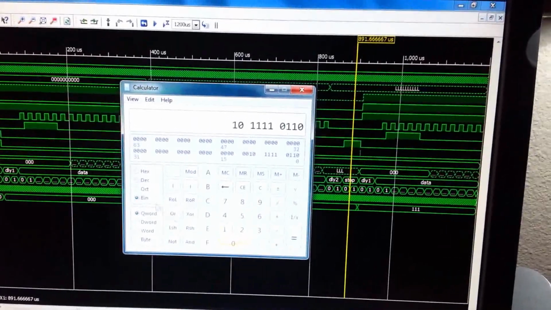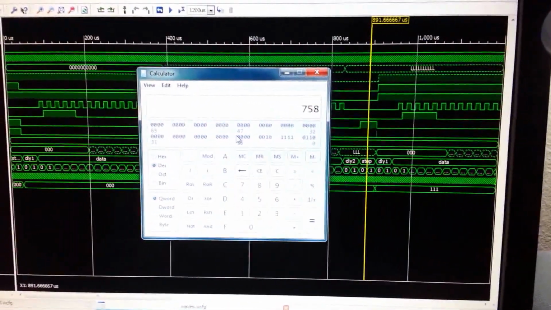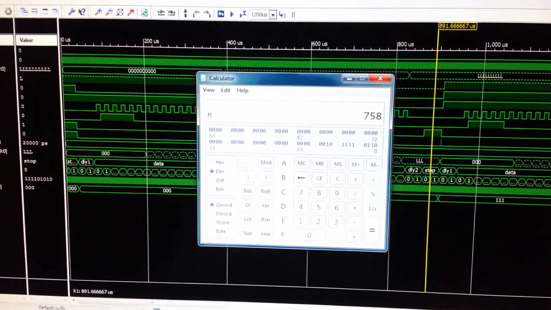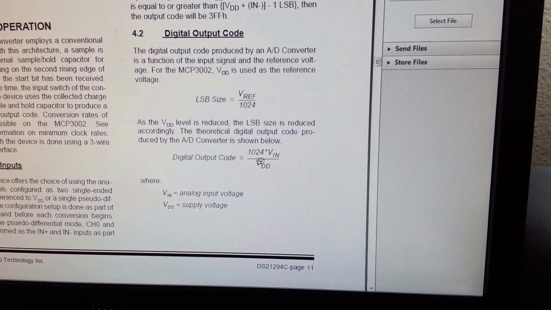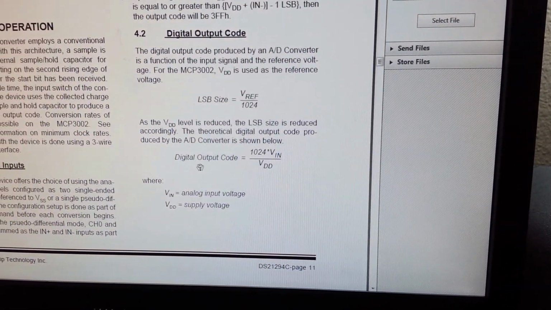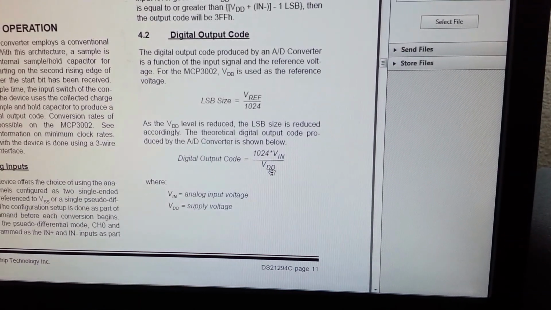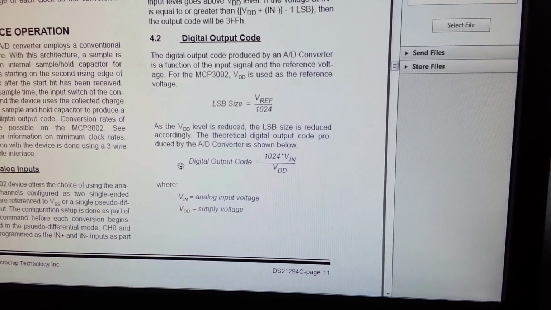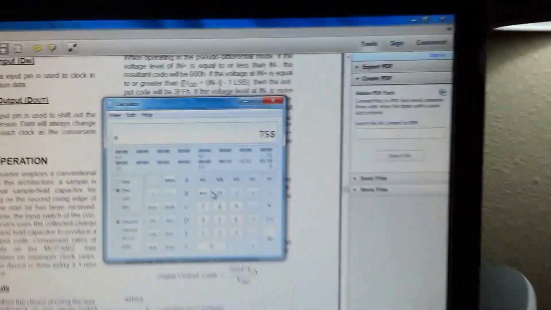All right, so let's go ahead and convert that to decimal quick. So we're looking at 758. And right here, based off of this data sheet, see that we have this conversion here. So we're going to take this 758 that we have, we're going to divide it by 1024, and multiply it by the voltage that's supplying to the analog to digital converter, which is 3.3 volts.